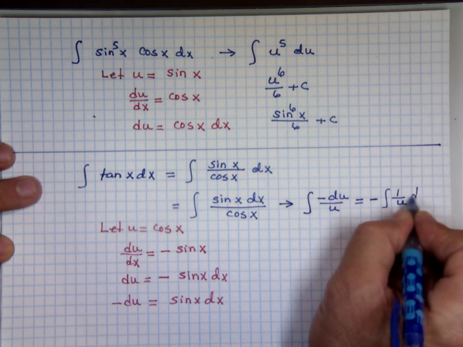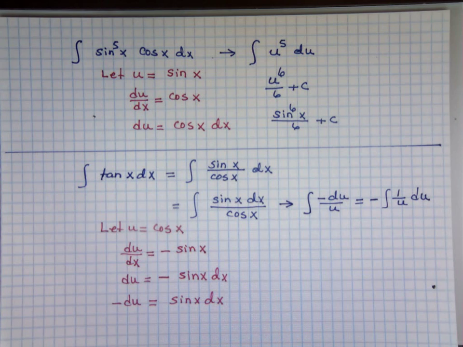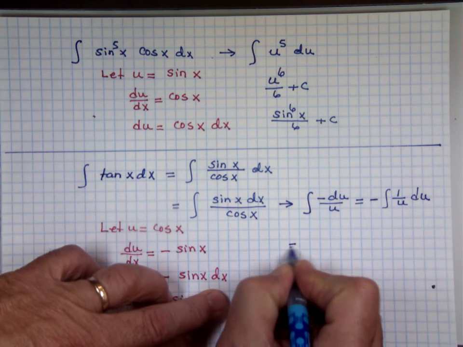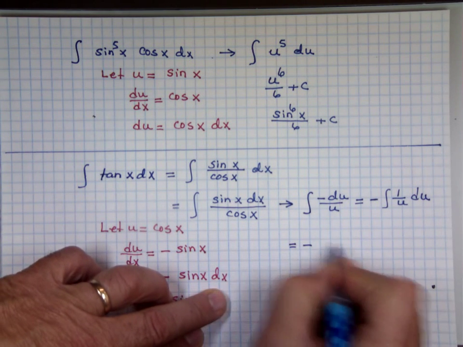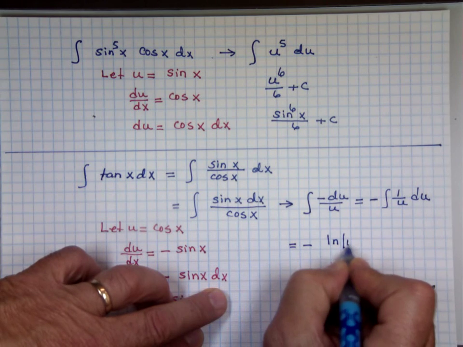Now let's go back and think. What function has a derivative of 1 over u or 1 over x? Natural log. So that is the minus sign, the natural log of u plus c.